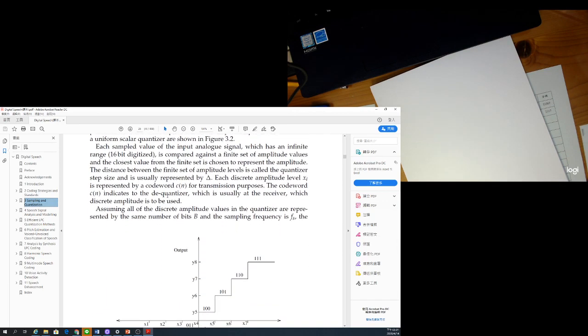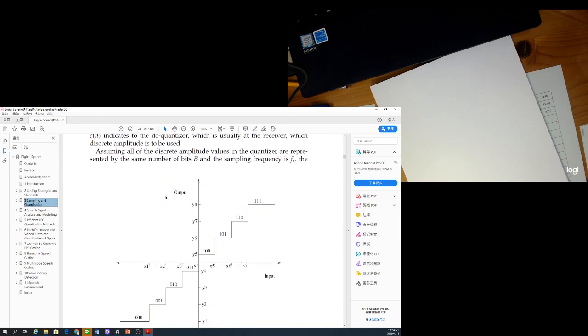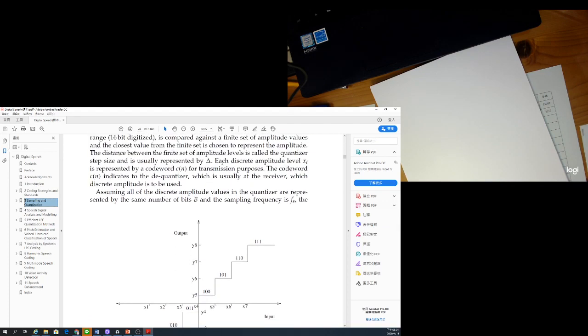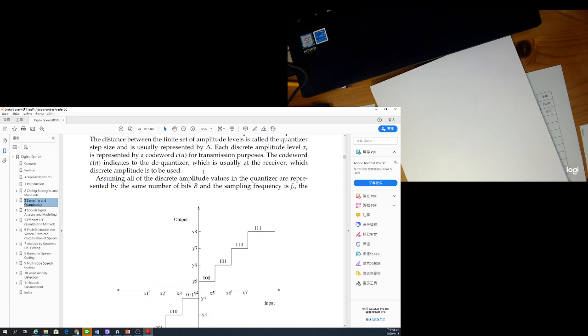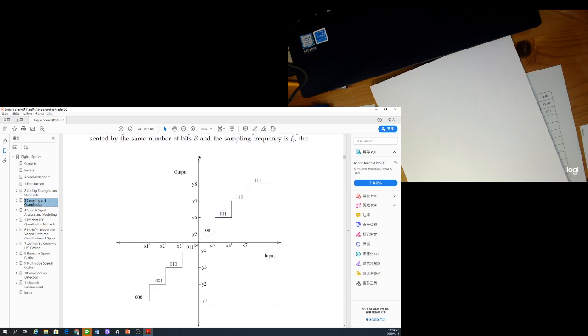So the first issue is scalar quantization. You have to know delta is the quantization step. Here y is the output, and the input is your input data, and then you do the quantization. So y1 is a quantization level. S is continuous; the data is continuous.